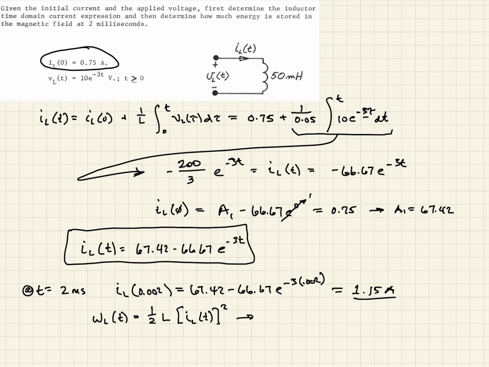So in this case then, WL at 0.002 is going to be equal to 1/2 L. We already calculated what IL at 0.002 was right above here. And we also know the L. So the L is 0.05. That's times 1.15 squared. And so when we calculate that out, we should get 0.33 joules.